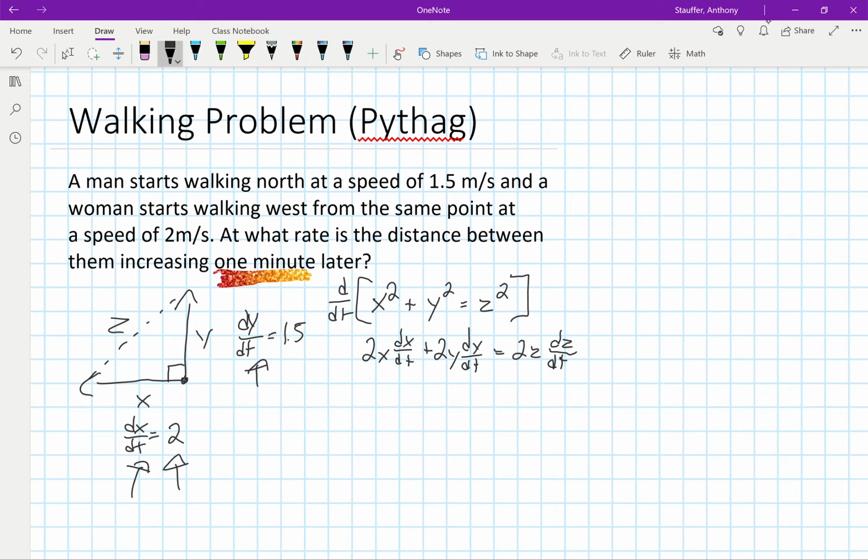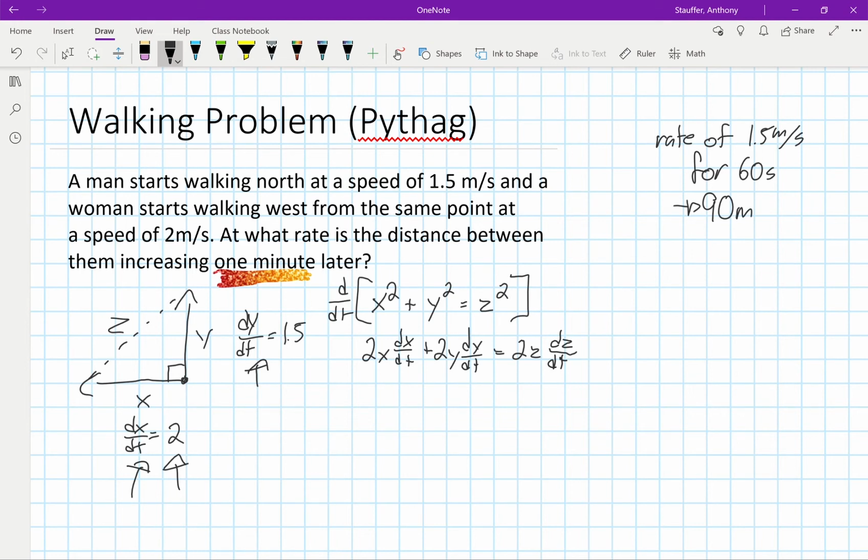If we're walking at a rate of 1.5 meters per second for 60 seconds, what does that tell us? That tells us that we've gone 90 meters.